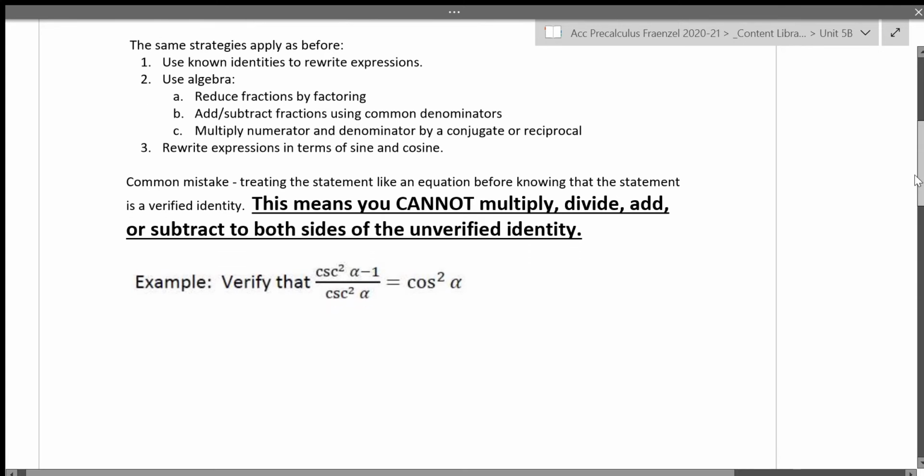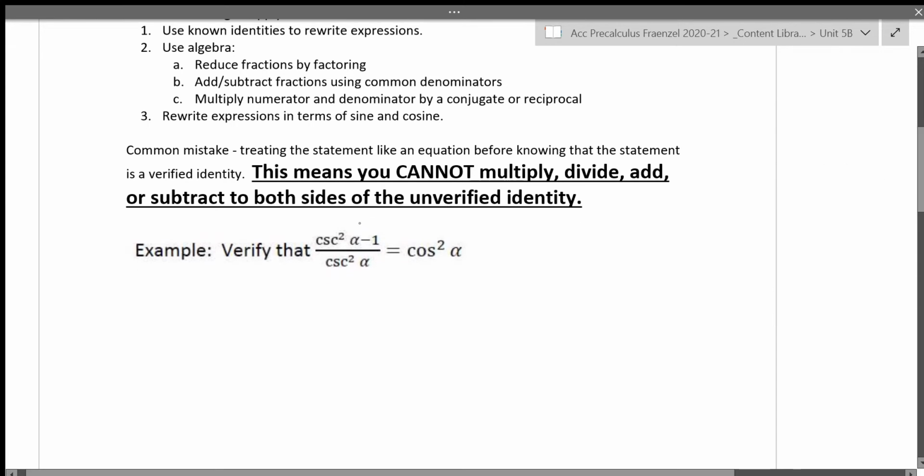In other words, we will give you both sides of the equation. And what you want to do is manipulate either side, one side or the other, to make sure that you get the same expression on both sides. Now, the one thing we cannot do is multiply, divide, add, or subtract to both sides of the unverified identity.